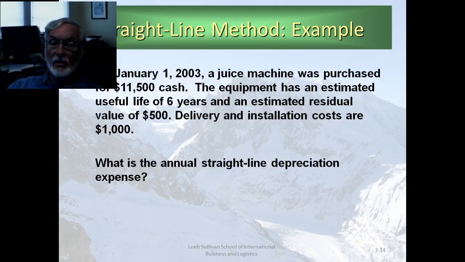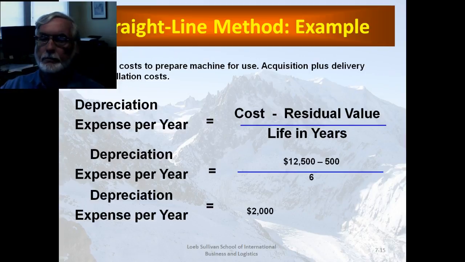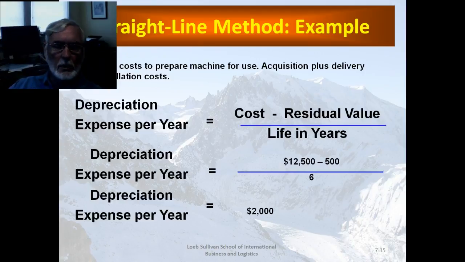Our cost is the 11,500 plus the delivery and installation costs, because we needed that to get it ready to use, so our total cost is 12,500, and we have a residual value of $500, and we have a 6-year life. So your formula, cost minus residual value divided by life, 12,500 minus $500 divided by 6, we have a depreciation of $2,000 a year. Pretty simple to do, makes a lot of sense.